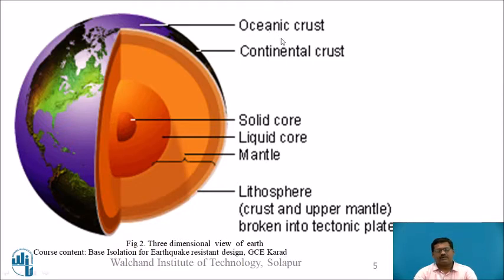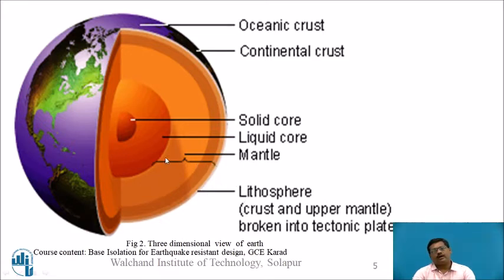Basically the first layer of the Earth, the top surface of the Earth, which is most cool, is crust. Then next part is the lithosphere. Here in the diagram there are two layers if you observe very closely. The top white surface is crust, and next a little bit yellowish surface is the upper mantle, and that combined portion is called lithosphere.